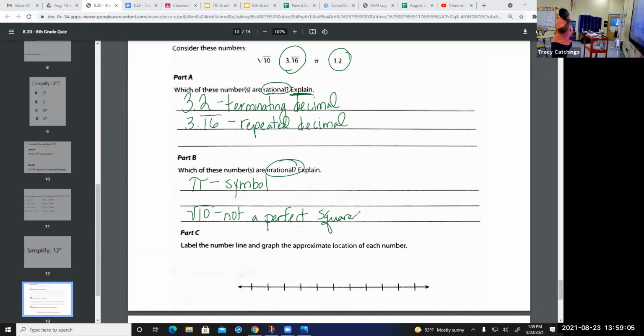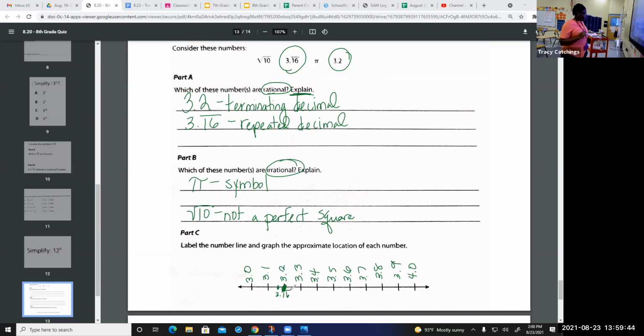The third part of that then said label the number line and graph the approximate location of each number. Since all these values will pretty much be 3, let's start with 3.0, 3.1, 3.2, 3.3, 3.4, 3.5, 3.6, 3.7, 3.8, 3.9, and then 4.0. All right, 3.2 will clearly be here. 3.16 repeat will be right before it.